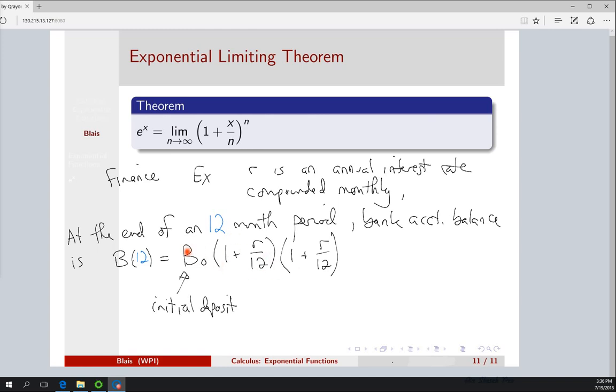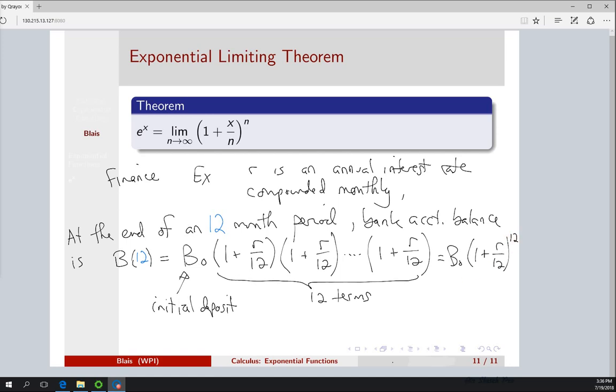And we're making interest on our interest. We call this compound interest. And we do this until the end of that year, where we get our last payment. So we would have 12 of these terms. So this can be rewritten as B0 times 1 plus R over 12 to the 12.